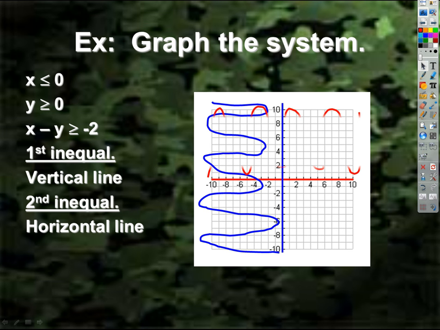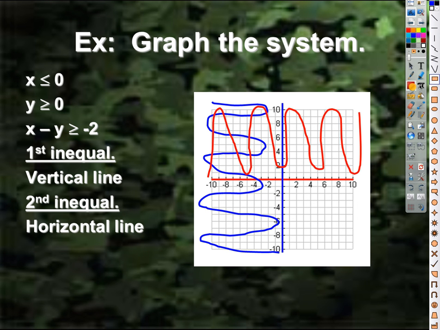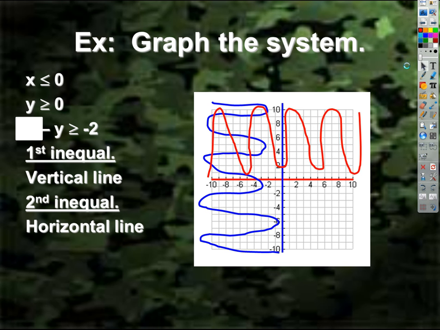And then we have this other line over here that's not vertical or horizontal. Let's see what we get with that. If I use that little cover-up trick, if I cover up x to find the y-intercept, what does y equal? 2.